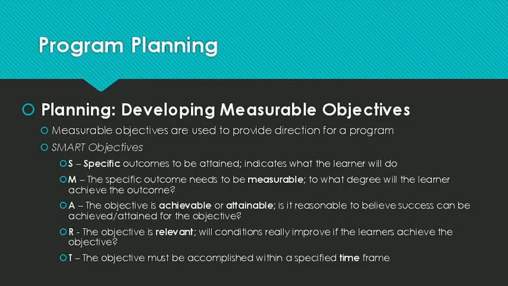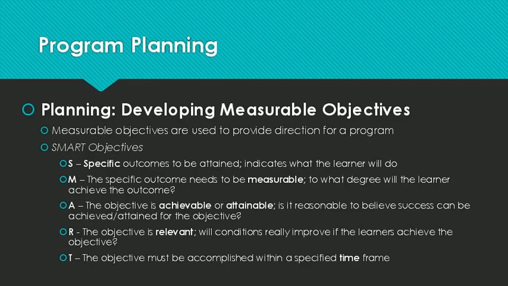S stands for the specific outcomes that we're hoping to attain. So it indicates what the learner will do, what those specific outcomes will do. The M stands for the specific outcome to be measured. So whatever our goal is, I should say, we want it to be measurable.